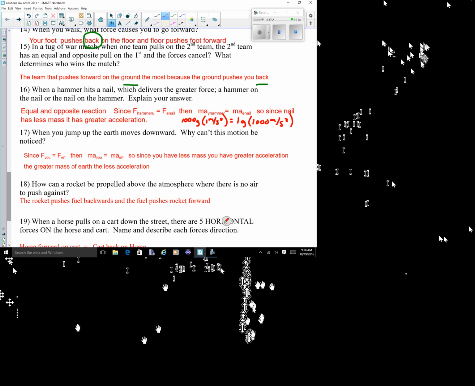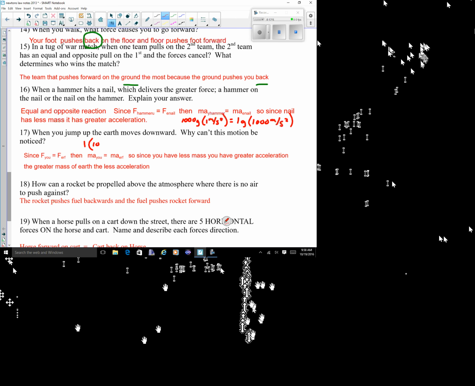Number 17 is very similar to that. When you jump up on the earth, does the earth move downward? Sure it does. But you can't notice this because the earth is so big. So the same thing happens here. Let's say that you have a mass of 1. Okay? And you have an acceleration of, I don't know, 10. Well, the Earth's mass is, I don't know, 1 billion to 1 trillion times bigger than you are.